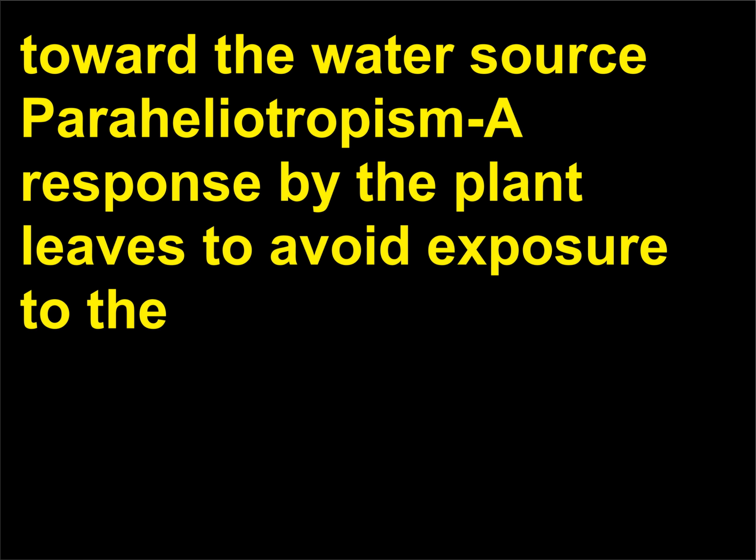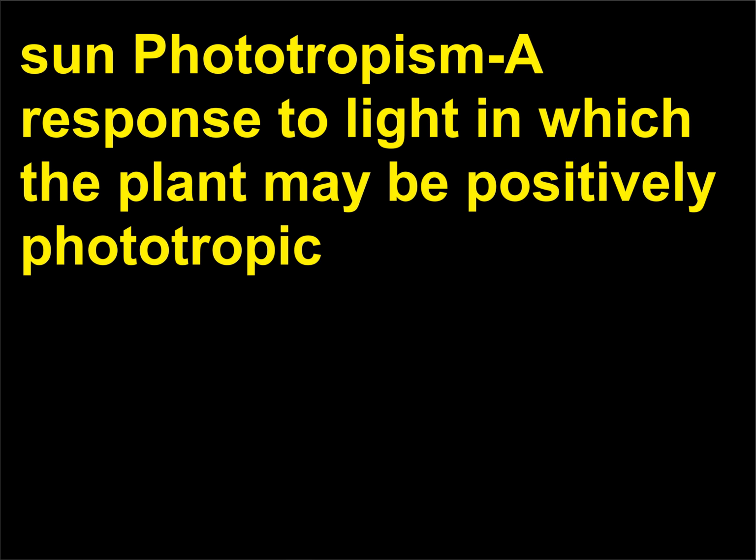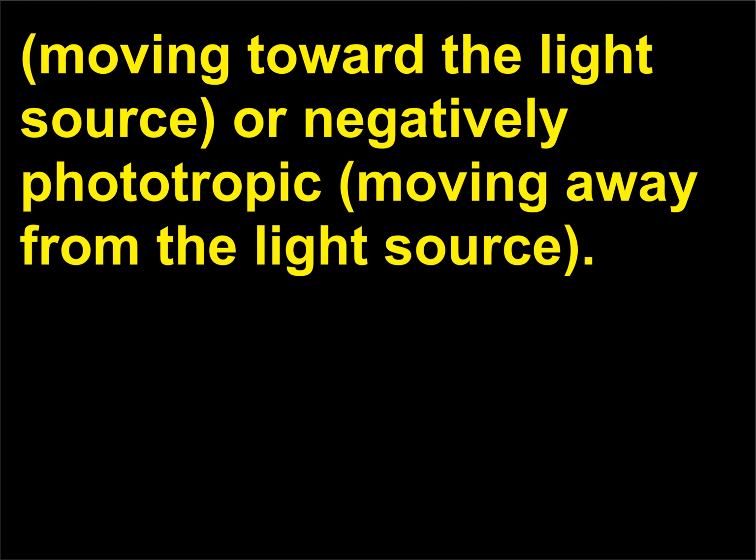toward the water source. Paraheliotropism, a response by the plant leaves to avoid exposure to the Sun. Phototropism, a response to light in which the plant may be positively phototropic, moving toward the light source, or negatively phototropic, moving away from the light source.